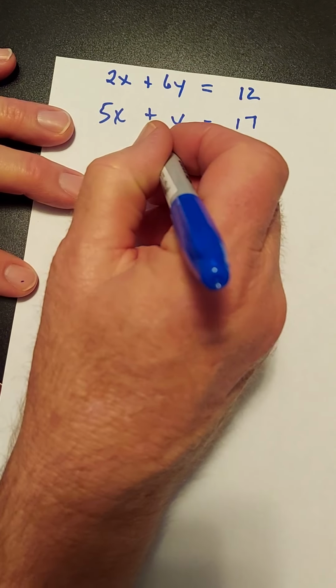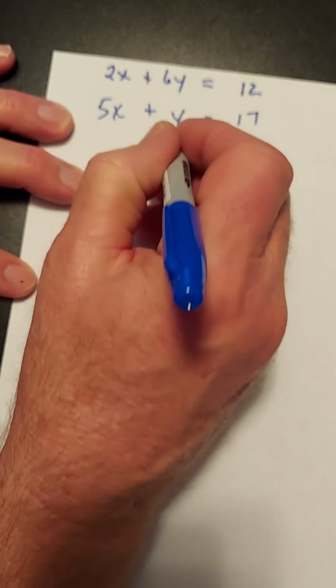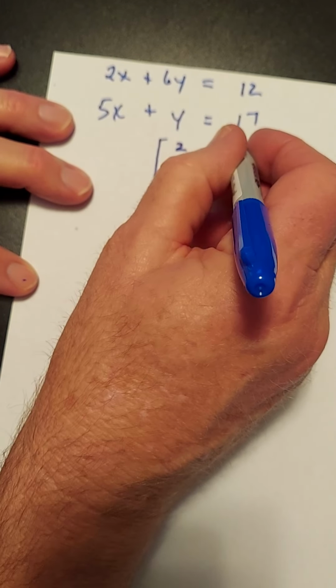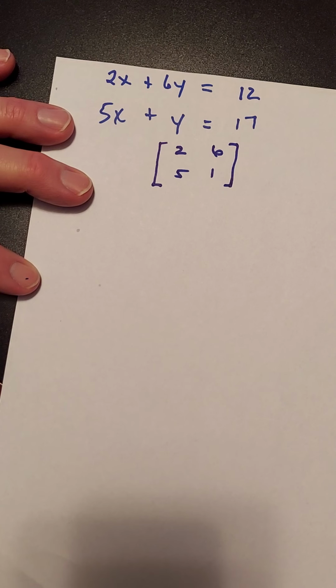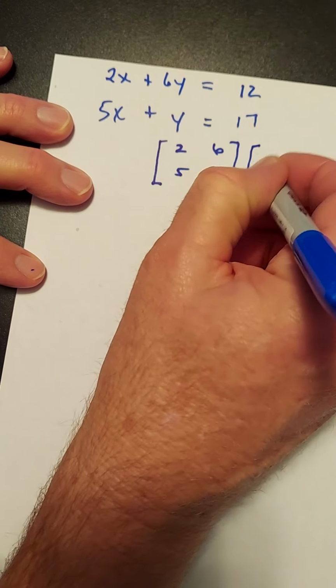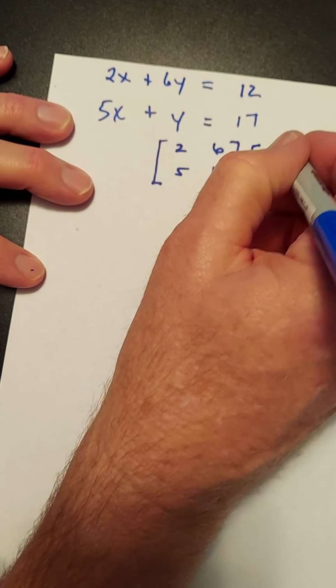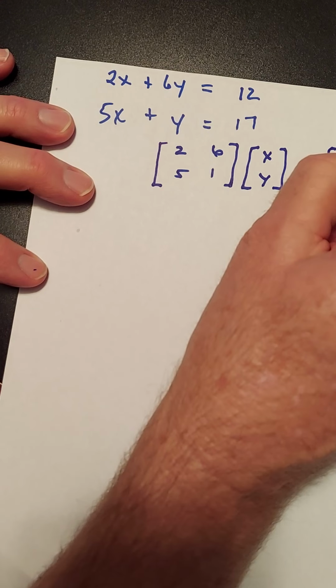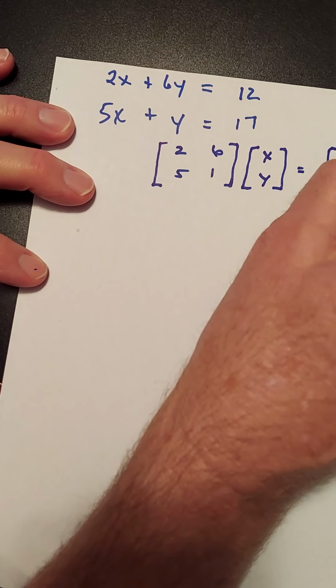So first thing we're going to do is write this as a matrix equation. So there's my coefficient matrix. Here's my variable matrix, X and Y. And then my answer matrix is 12, 17.